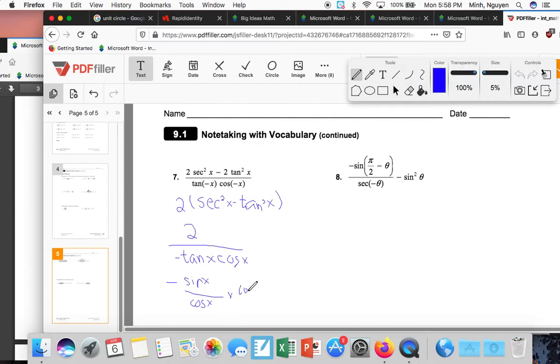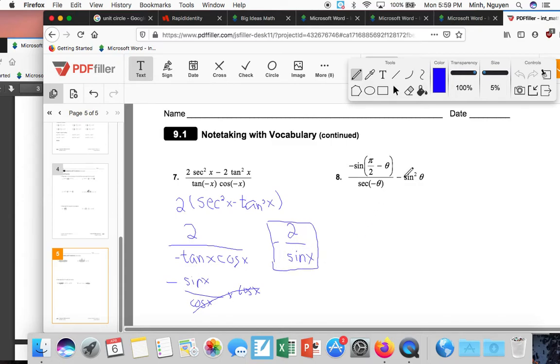Oh, what do you get when you divide something by itself? You get 1. So this is going to be negative sine x. 2 over, or negative 2, I guess, 2 over negative sine x, same thing. And that's what we get.